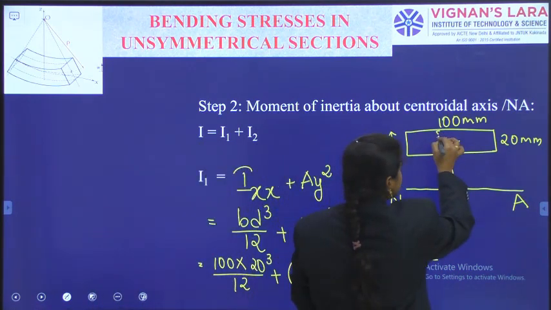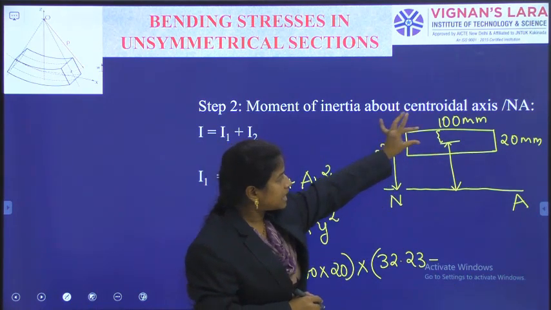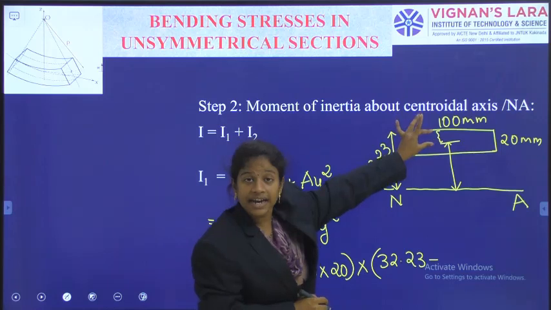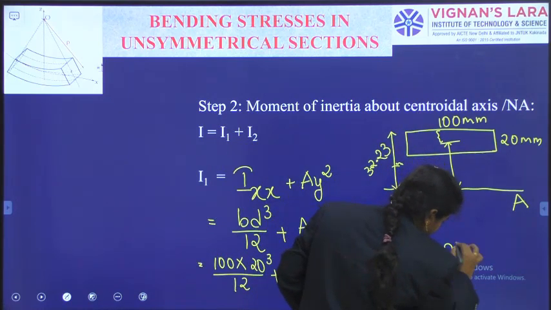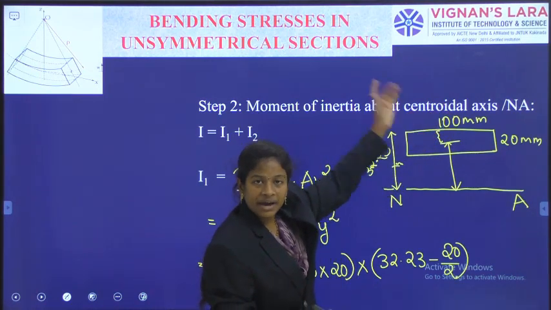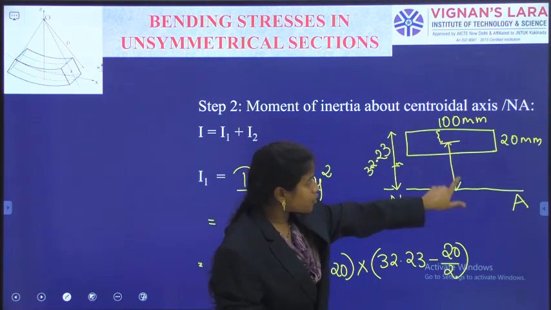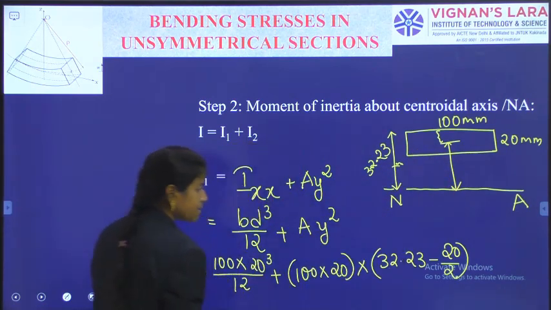The remaining portion I can remove for getting the value, as I know the total and I know this height. What is that height? That is 20 by 2, this is 10 mm. So 32.23 minus 10 mm is the distance from this point to the neutral axis.